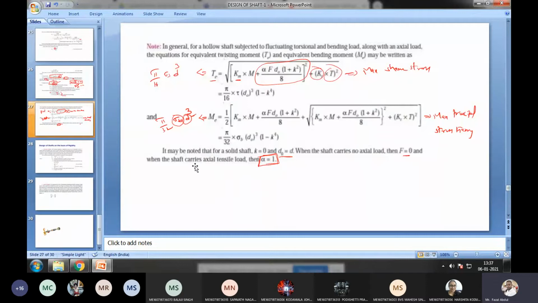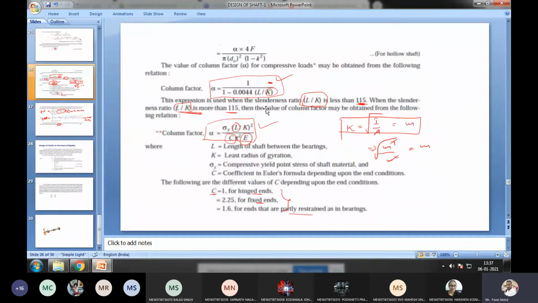So in such situations, you can directly take alpha as 1. Otherwise alpha we can take from these equations: 1 by (1 minus 0.0044 into L by K), otherwise sigma y into (L by K) whole square by C into pi square into E. So which equation do we have to select? Between these two, whichever L by K value is less than 115, then we have to select the first equation. If it is exceeding 115, then we have to select the other equation.